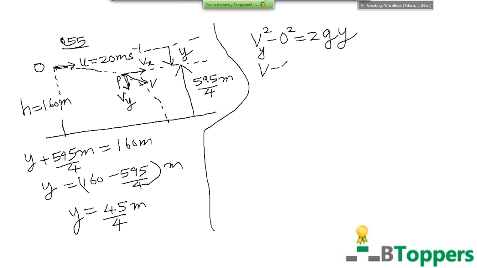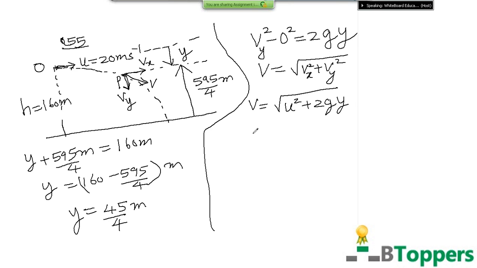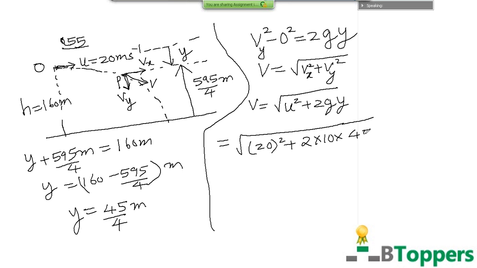So the magnitude of the velocity at the point P in its path is given by root of Vx square plus Vy square. Here you can write Vx equal to u and Vy square equal to 2gy. You can substitute u equal to 20 meters per second, g equal to 10 meters per second square, and y equal to 45 by 4 meters.